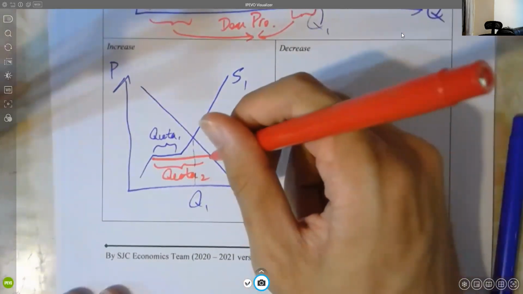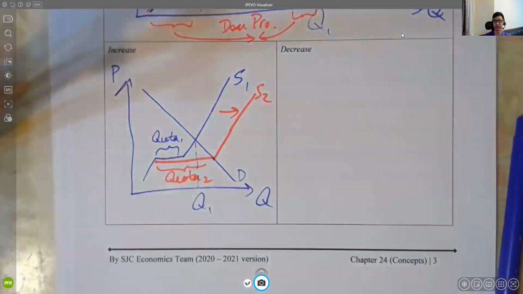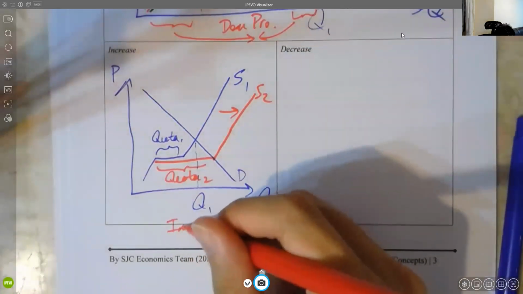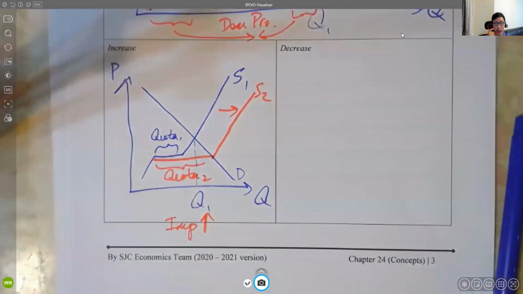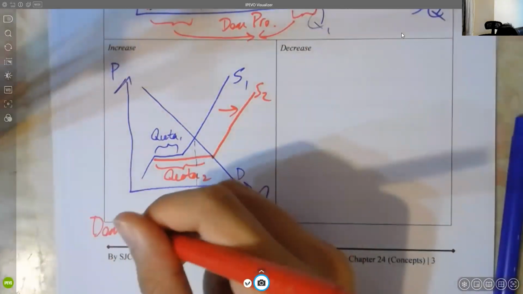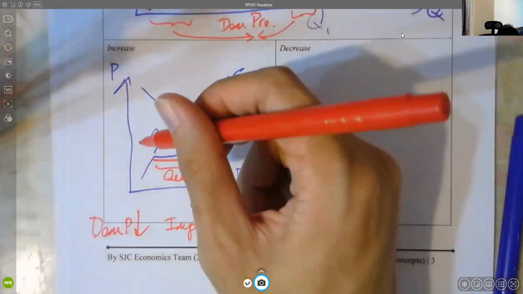Then we will have this S2, of course, shifts to the right. So you will see in this case, our import volume would increase. What about our domestic production? Actually, domestic production would drop. Also, price would drop.